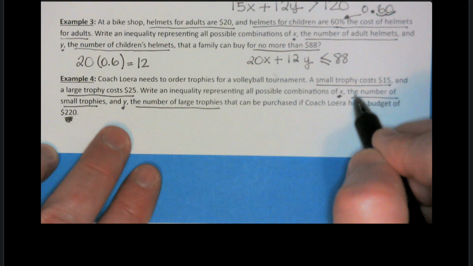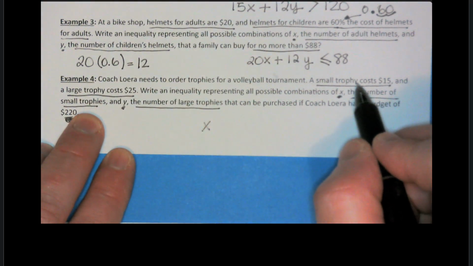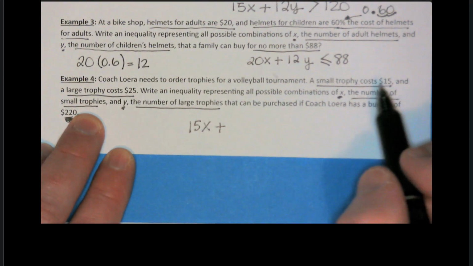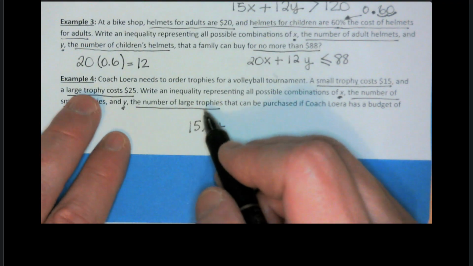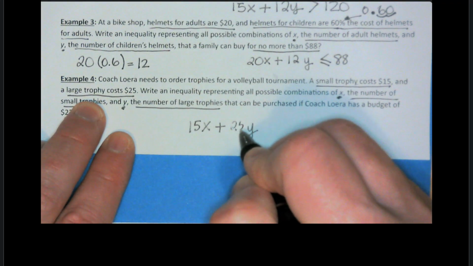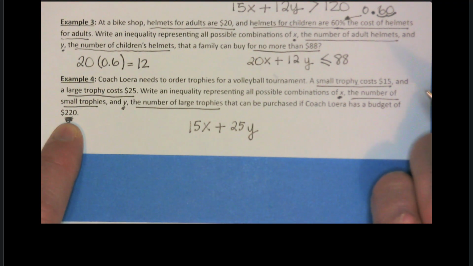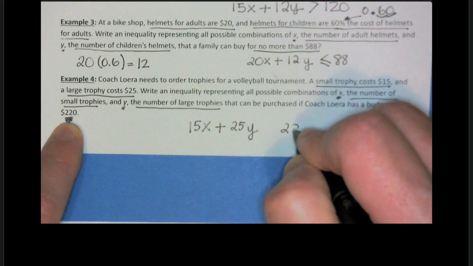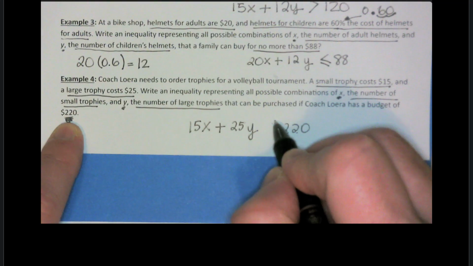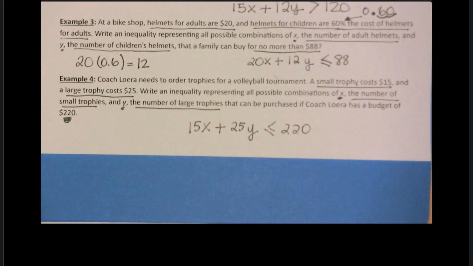So we know that the number of small trophies X is associated with 15, plus the number of large trophies, associated with 25. And this coach has a budget of $220. That means they can spend $220, but no more than $220, so it'll be less than or equal to.